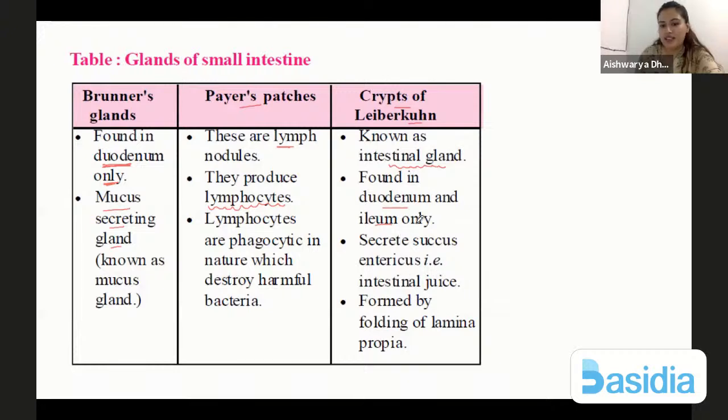And this will secrete your intestinal juices, which is also known as succus entericus. So another name for intestinal juice is succus entericus. That's it. There is nothing else. And they are formed by folding of lamina propria. So lamina propria is the cells that are present in the crypts of Lieberkuhn.